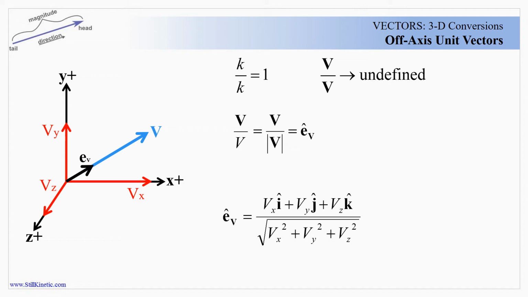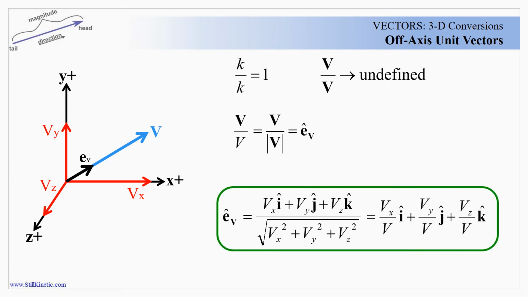It's simply the square root of the sum of the squares. And we can actually split that into separate components. So the unit vector is going to be equal to vx divided by v times i plus vy divided by v times j plus vz divided by v times k. When we divide each component by the total magnitude, we end up with a unit vector that points in the same direction as the original vector.